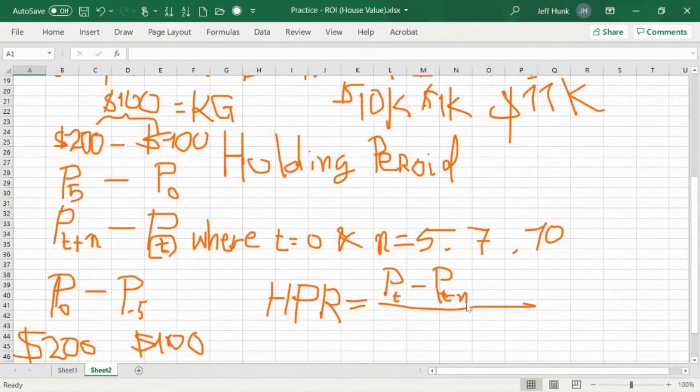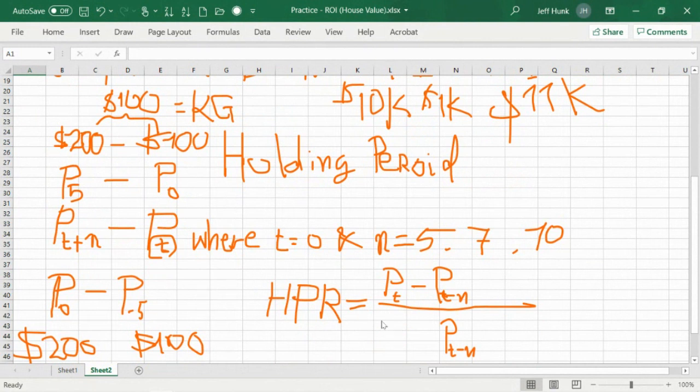And N years later, which is time T, now, Amazon stock is $200. You see the connection between the two? So $100 was your initial investment. So P_{T-N} is your initial investment, which was 100.